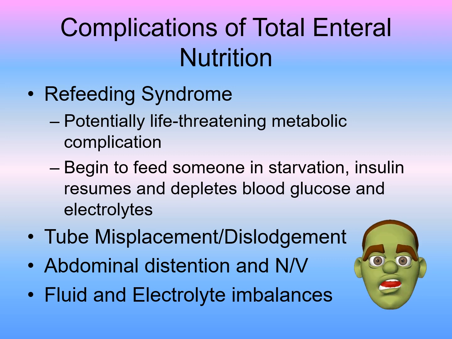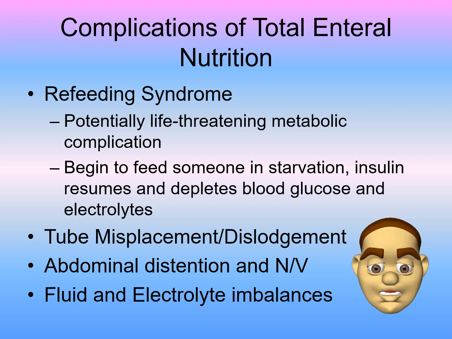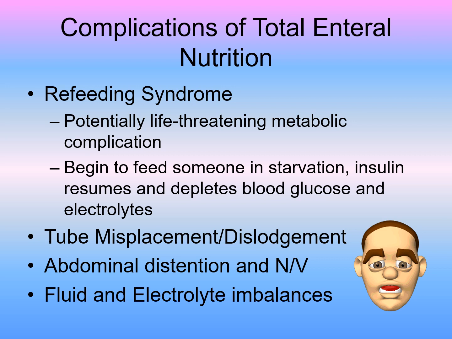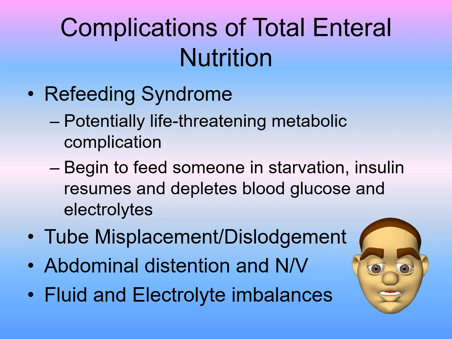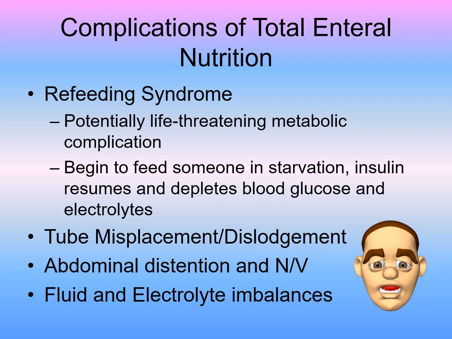Many times that substance comes in cans. So label open cans with a date and time. Cover it and keep it refrigerated, just like any other food that you would keep. You can't leave it sitting out or it's going to get bacteria in it.